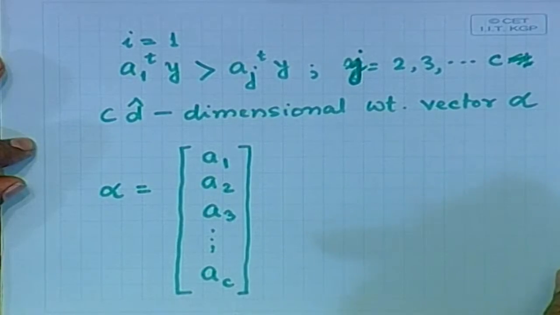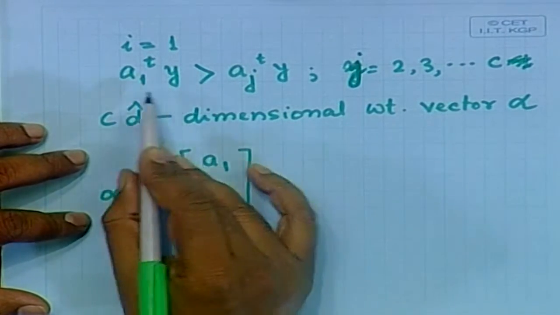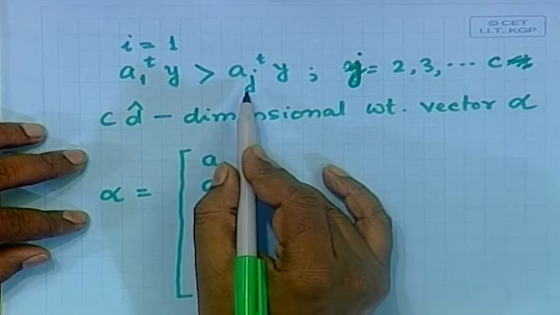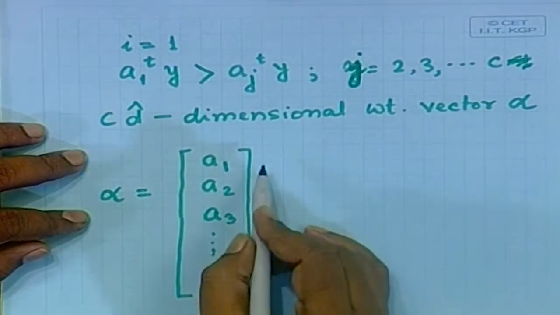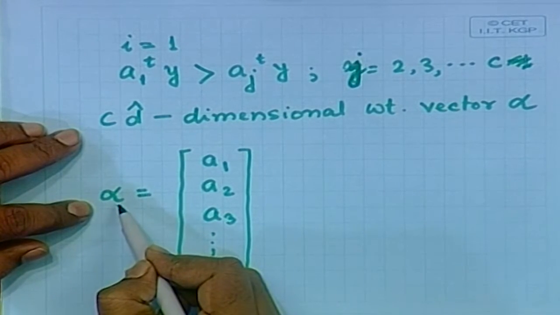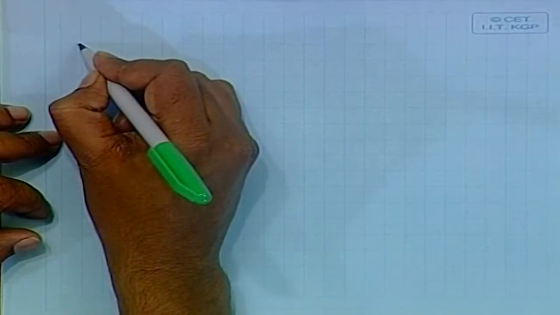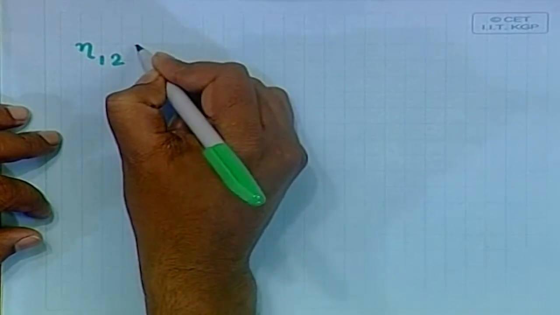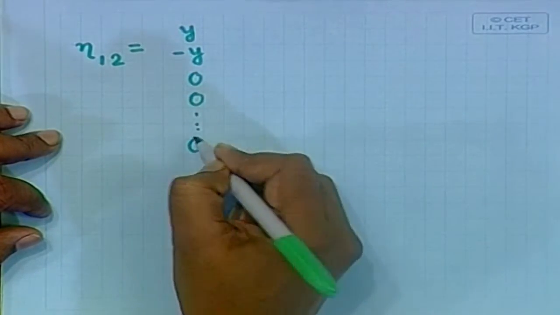So we can think that this particular weight vector, given the condition that a_1 transpose y is greater than a_j transpose y for all values of j varying from 2 to C, effectively, this C times d hat dimensional weight vector alpha will properly classify all the C minus 1 feature vectors, where the feature vectors are of the form, let me call it eta_12, which is nothing but y, minus y, 0, 0, 0.